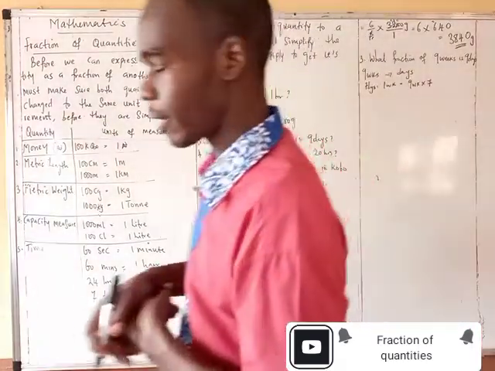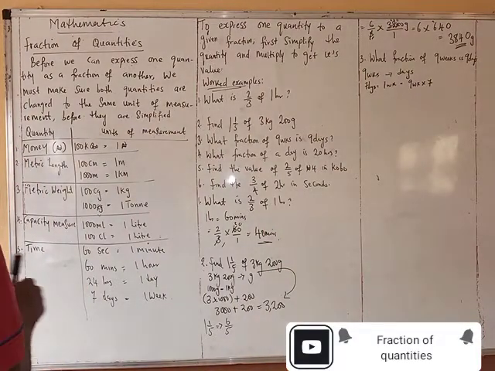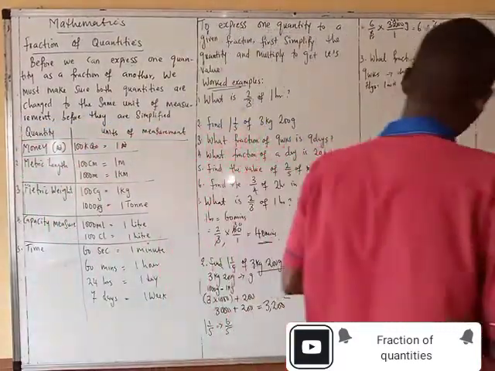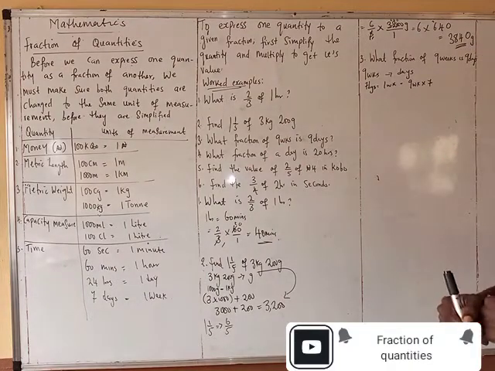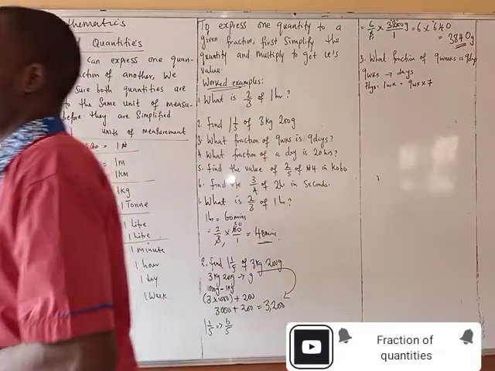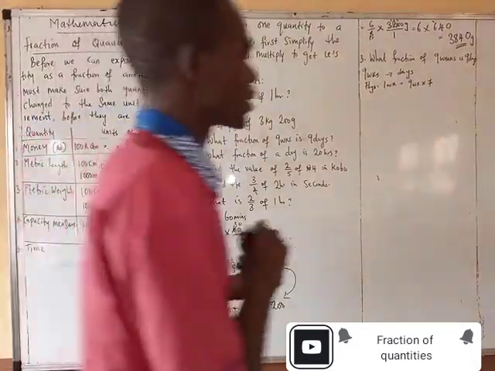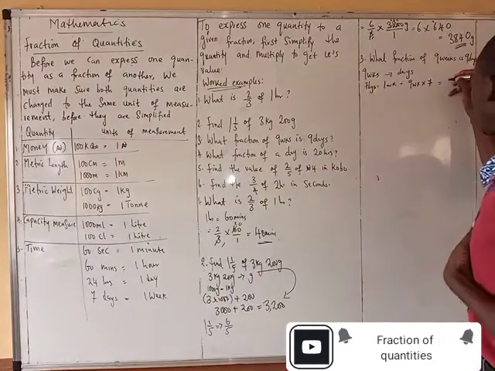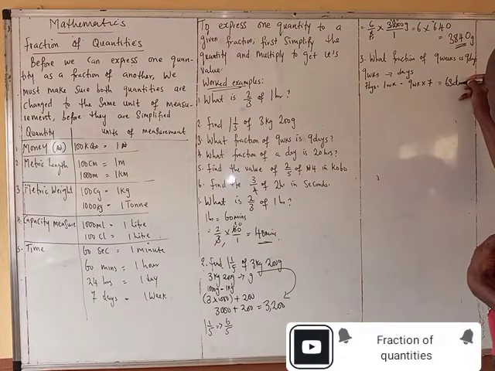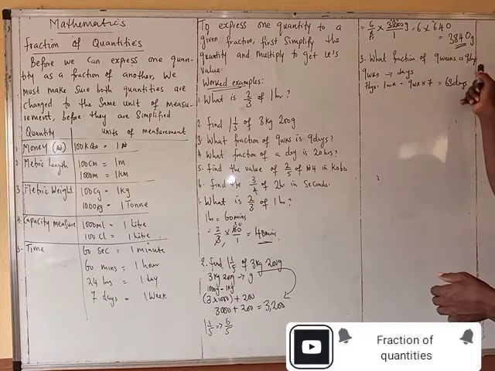So tell me, multiply, tell me the answer. 9 times 7 is what? Fantastic. 63. So we have 63 what? Days. So what the question is, what fraction of 63 days is 9 days?